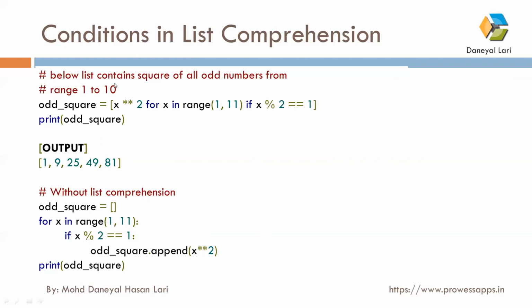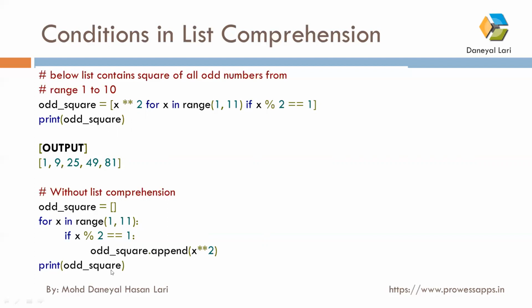And if you don't know how to do this by using the list comprehension, then to generate the same output you will write the code like this. First of all, you generate an empty list, and after that you write a for loop, for x in range 1 to 11. It will generate numbers from 1 to 10. We have already learned what is meant by range. After that you check the x value, and if x is odd, then you calculate the square and append it to your list.